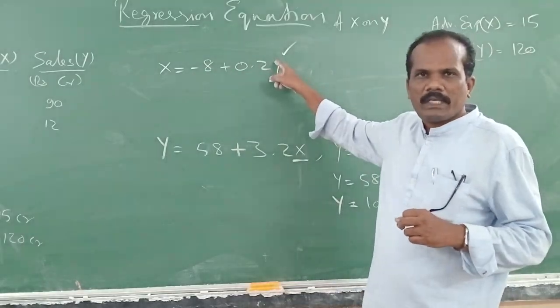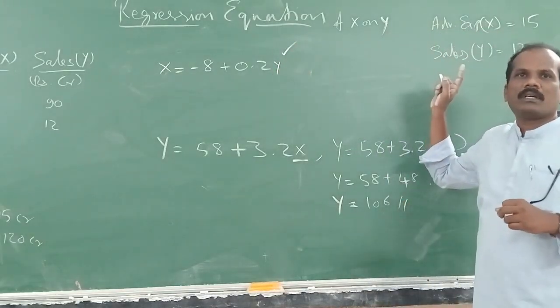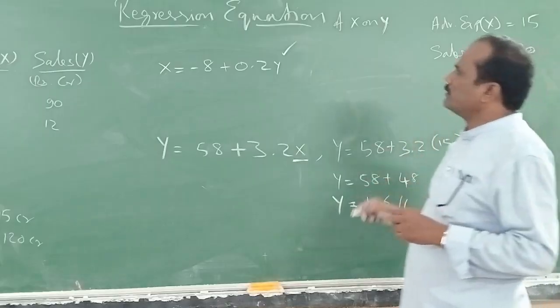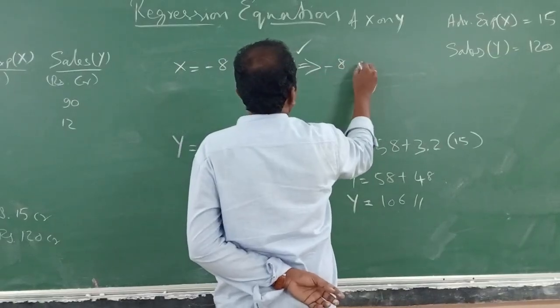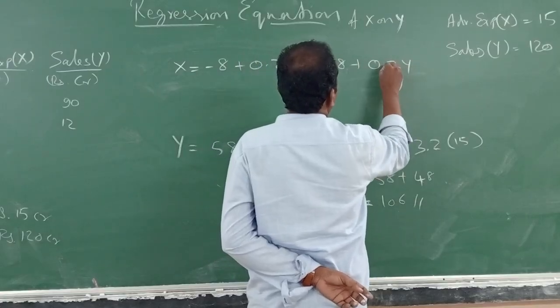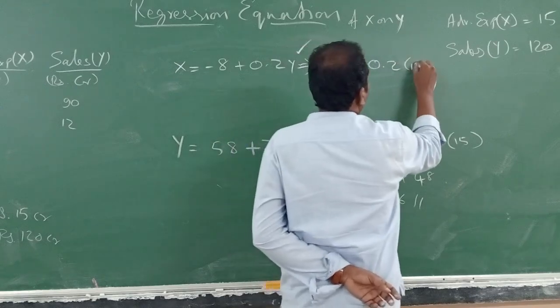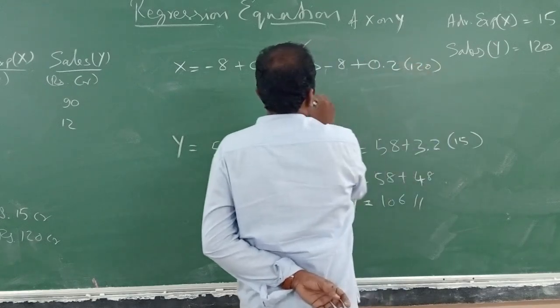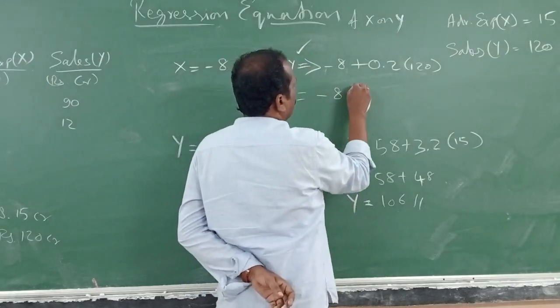In the place of y, we have to replace the sales target of 120 crores. I will write it: minus 8 plus 0.2 y. Instead of y, I take 120.